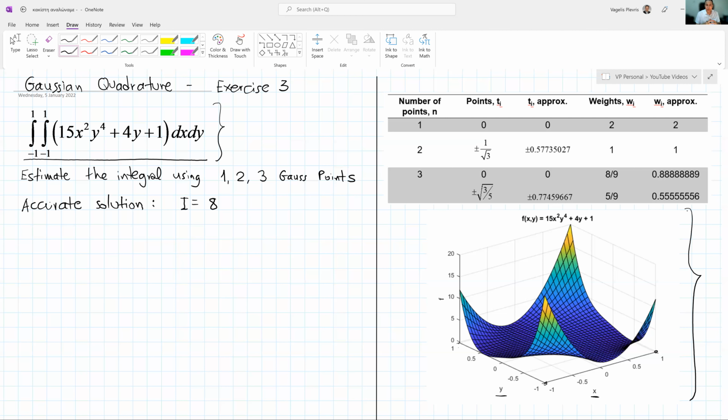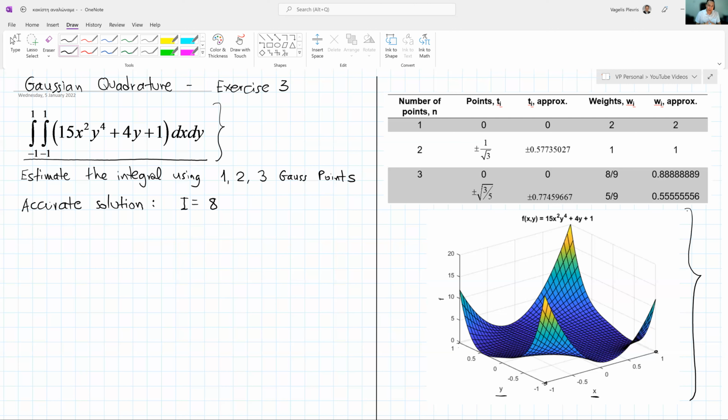Our aim now is to find the area below this surface, which is the double integral of this function in this interval -1 to 1 for x and y. Things are simple since we have no transformation to make, and we will try 3 times using 1, 2, and 3 Gauss points in each direction.